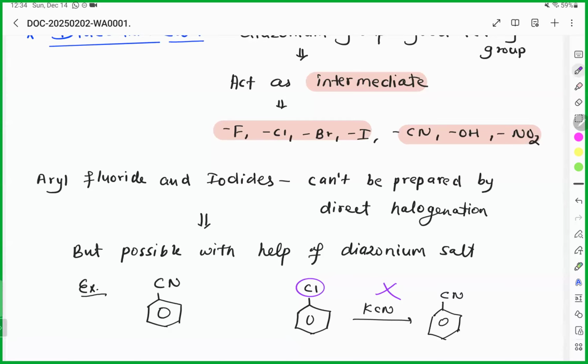So direct cyanide addition is practically not possible, but it is possible with the help of diazonium salt. That is the reason why we are reading about diazonium salt. Otherwise, it's not possible to add such a group directly, but here we can. And how is that possible? Because of the diazonium salt.